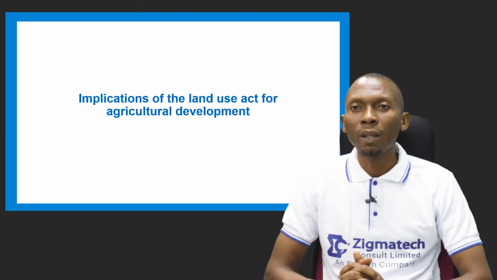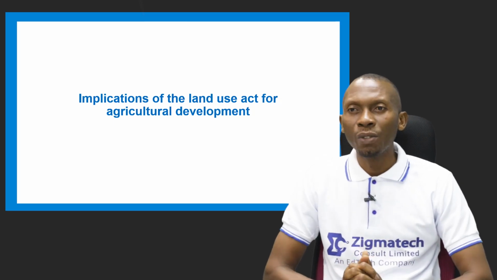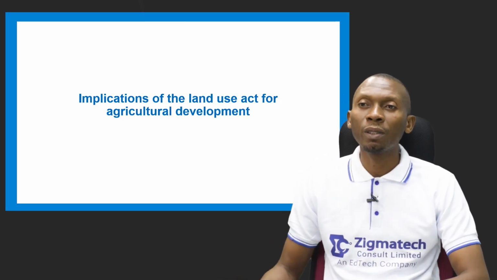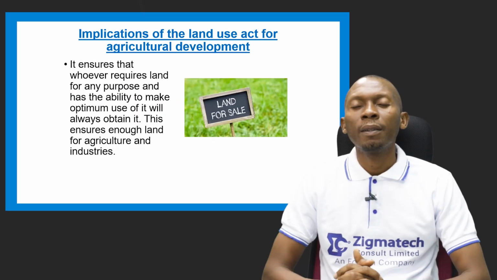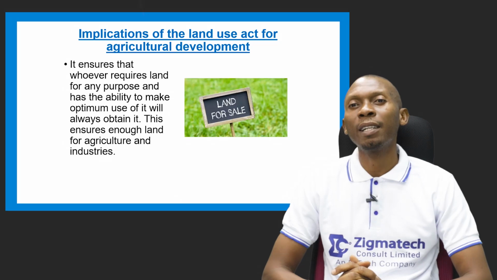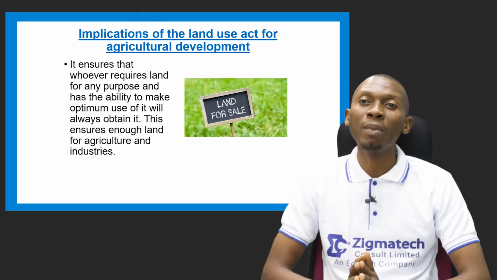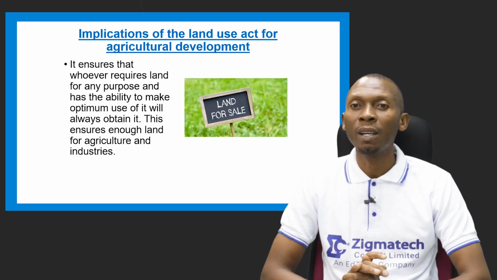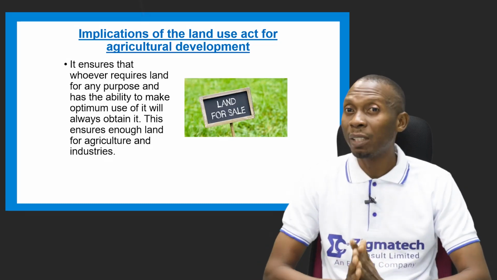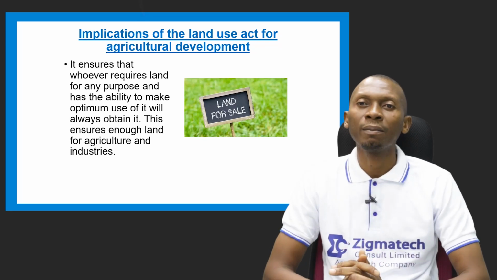Okay, let's take a look at the implications of the Land Use Act for agricultural development. Now, one of the implications here is that it ensures that whoever requires land for any purpose and has the ability to make optimum use of the land will always obtain it.